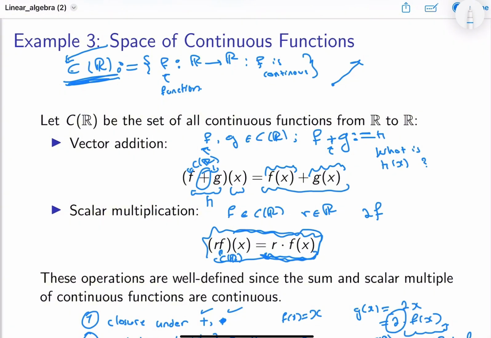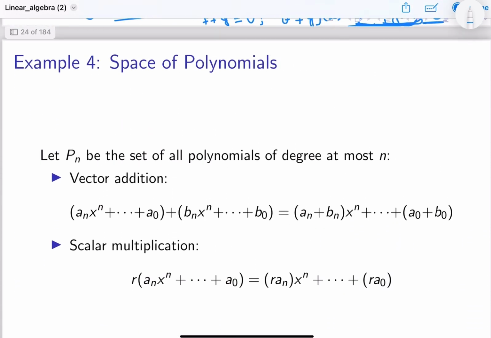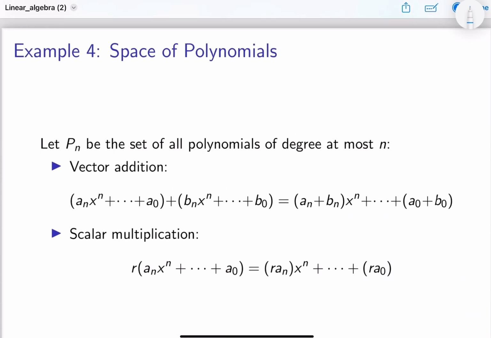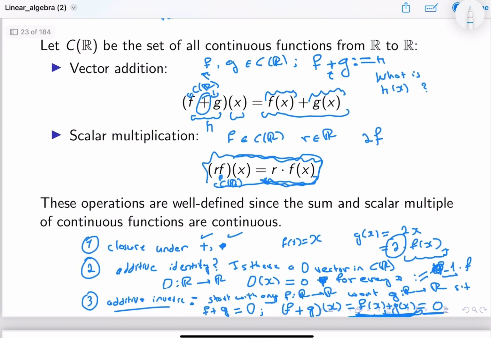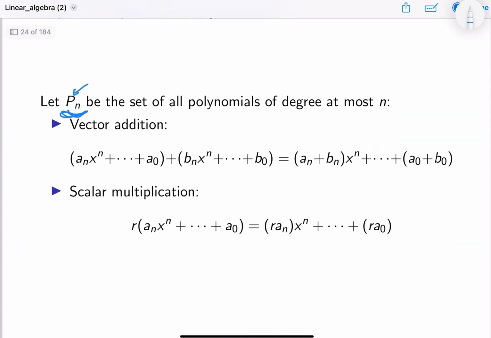So this is the second example. And similarly, one can do other spaces, for example the space of polynomials, and you can define these similarly, because remember, polynomials are just functions. So polynomials are just continuous functions, and the same that we proved for the space of continuous functions, we can prove for the space of polynomials.